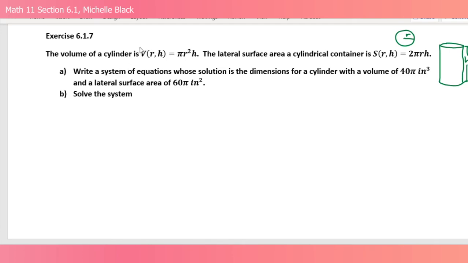Okay, well the volume is V, and the equation for volume is pi r squared h. And here we're told that our volume is 40 pi. So all we need to do is replace V of R and H with 40 pi.